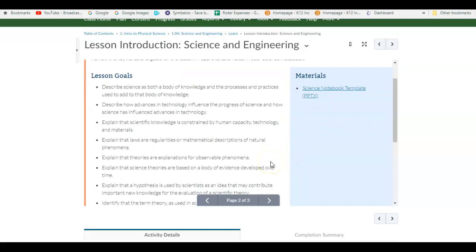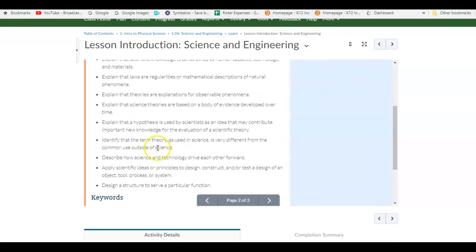Hopefully you're able to explain that scientific knowledge is constrained by human capacity, technology, and materials. Explain that laws are regularities or mathematical descriptions of natural phenomena. So here think about the law of gravity.